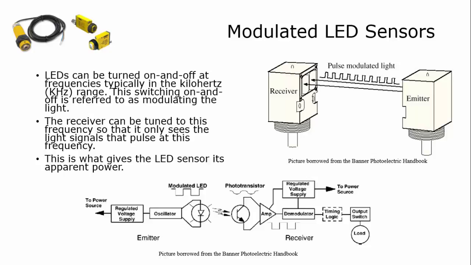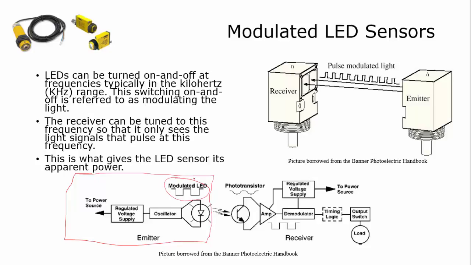What they'll do with the modulated LEDs is, if you look down at the bottom here, this right here is the emitter. And in the emitter, it has its own regulated power supply, which gets fed from an external power source, and there's something in here called an oscillator. The oscillator is something that produces an AC signal. But this AC signal is going to be a square wave.